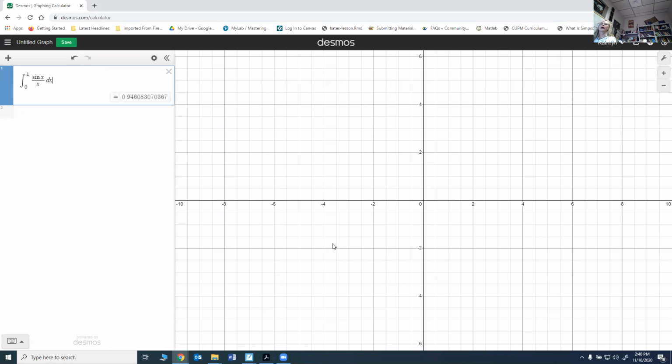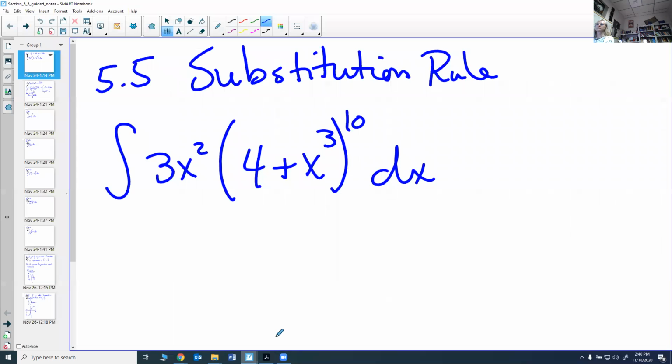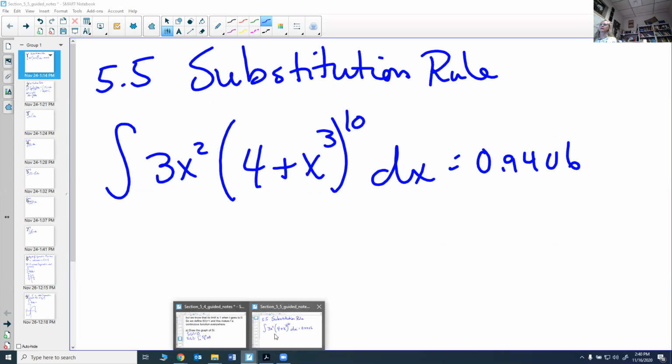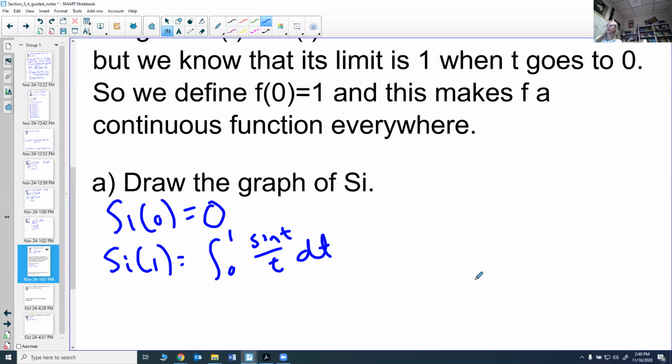And it tells me that that is 0.9406. So I can now put that value in here, that this is equal to 0.9406. And I can keep doing this. Oops, wrong one. I'm sorry, I went to the wrong place. This is 0.9406.